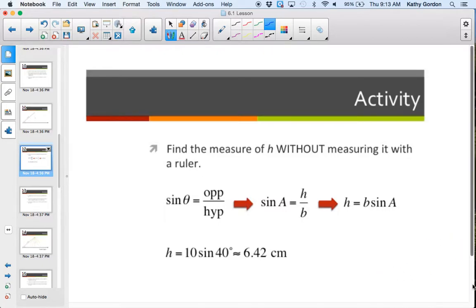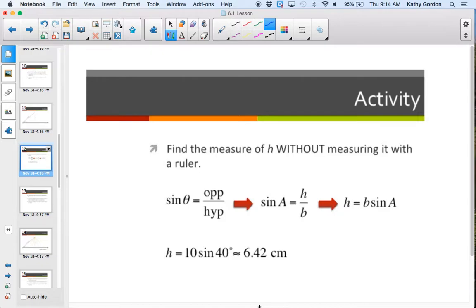If the sine of an angle is opposite over hypotenuse, then in our context the sine of A should be H over B. Multiplying both sides by B, I end up with the equation H equals B times the sine of A. In my situation, that means taking 10, which is our side B, times the sine of 40 degrees, because that's the angle I measured for angle A, and I get about 6.42 centimeters.